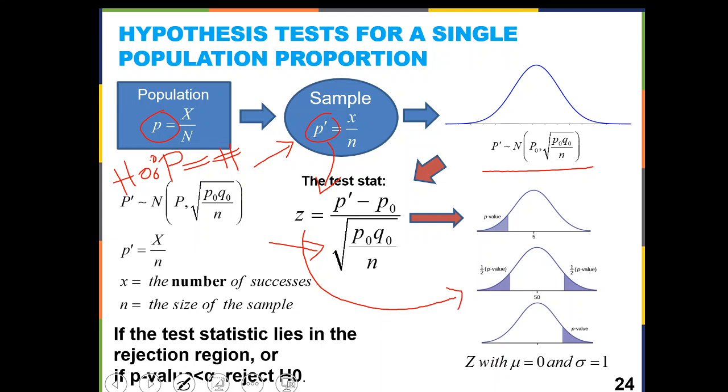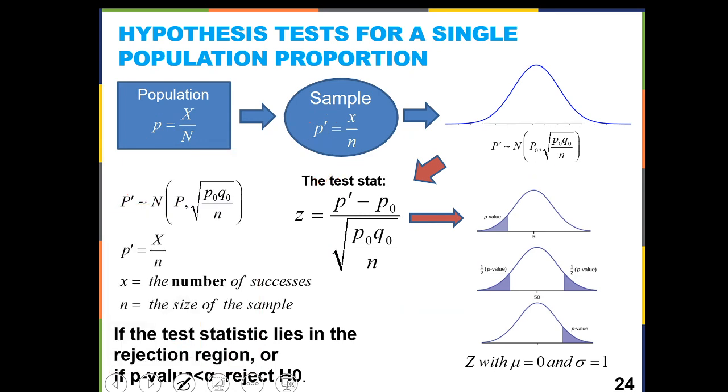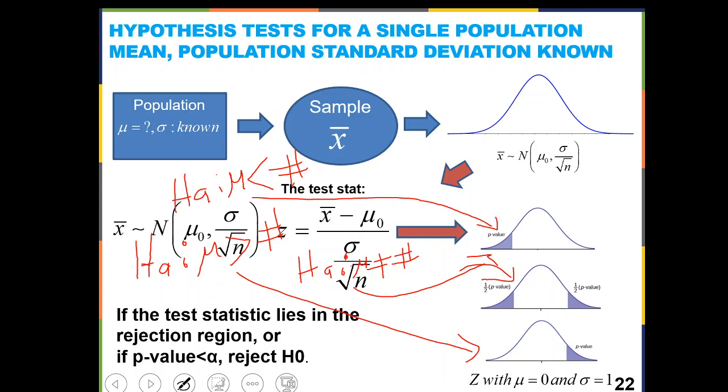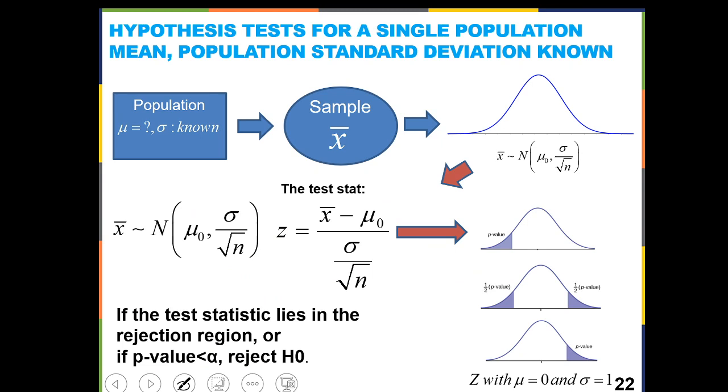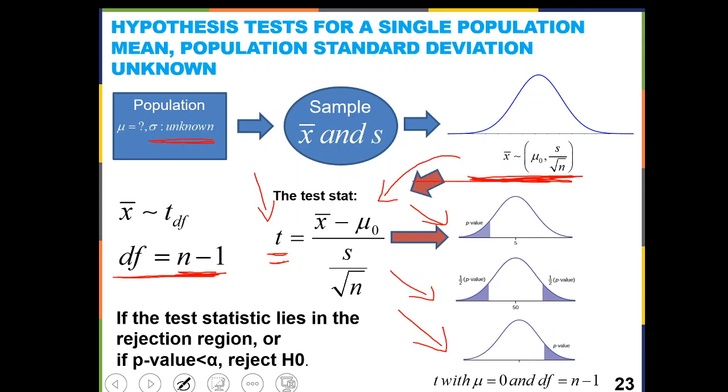So again, what I just gave you was a big picture of 3 different things we're going to do in this chapter. Let me go back and mention it again. Where the standard deviation of the population is known, take a sample, find x bar, convert it to a z-score, take that over here and see where it falls. If the standard deviation of the population is unknown, then you take a sample, find x bar and s, because we need it over here, and then convert it to t, take t and bring it over here and see where it falls.